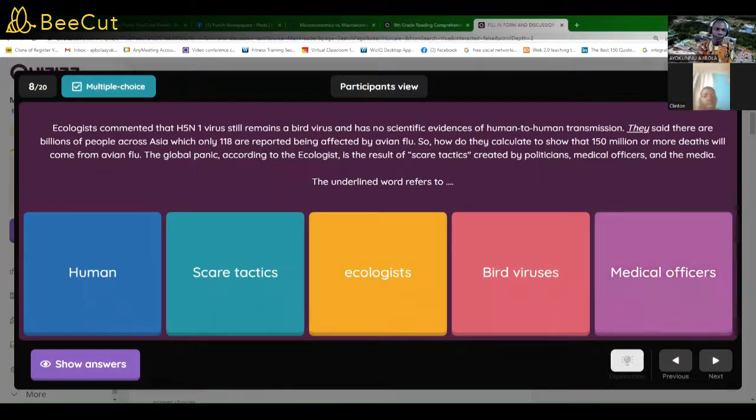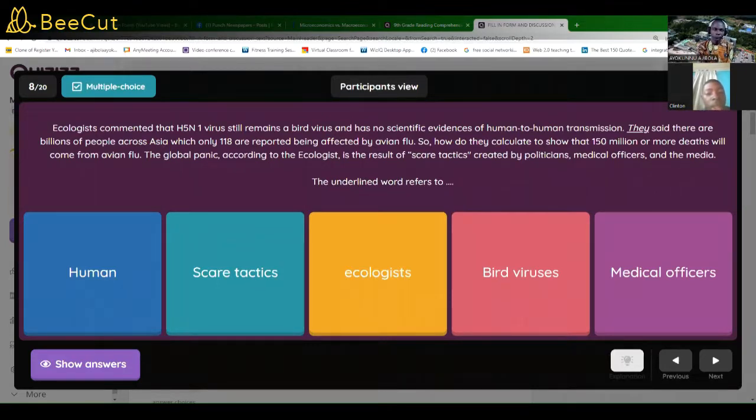Okay, read this. Ecologists comment that the H5N1 virus still remains a bird virus and has no scientific evidence of human-to-human transmissions.